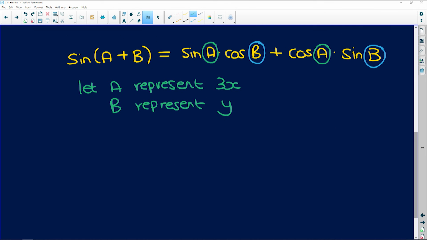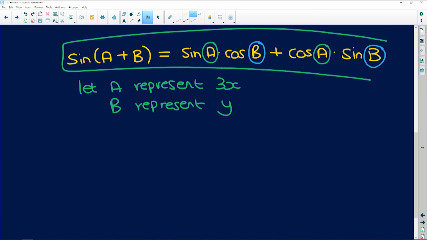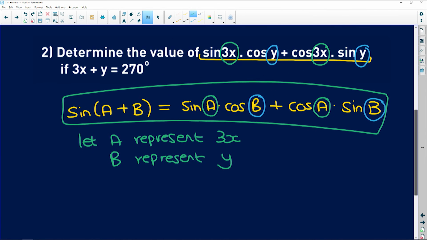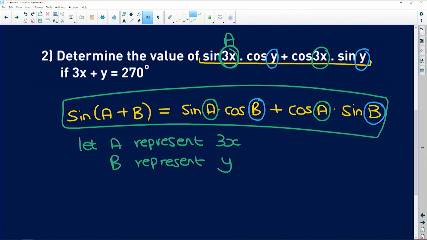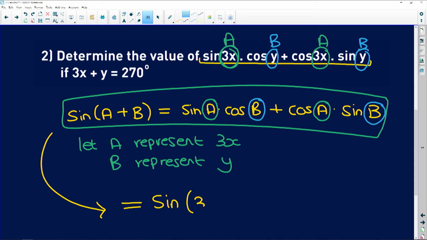That means that if I rewrite this, I have this expression right here because we got sine of 3x, which is A, cos of 3x, which is A, cos of y, which is B, and sine of y, which is B. So that means that that expression is equal to sine of 3x plus y, this whole expression here.